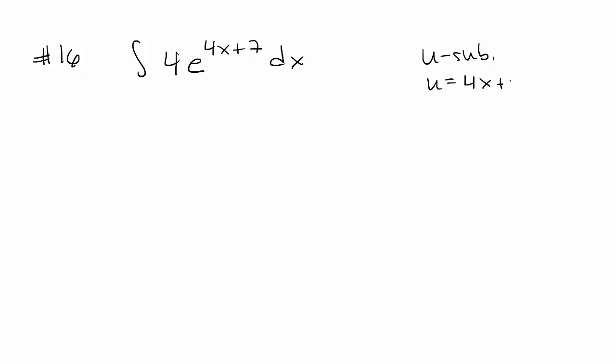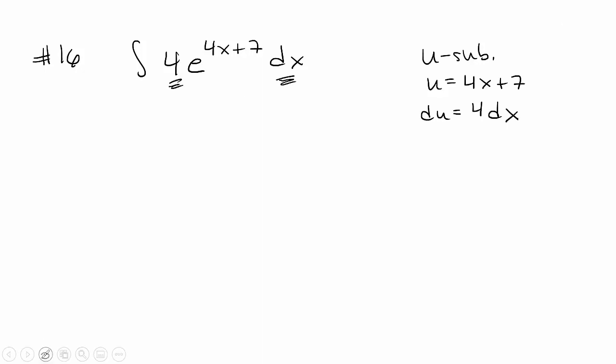All right, so for 16, we have 4 e to the 4x plus 7 dx. I'm going to use substitution for this one. So we're going to let u be equal to the exponent, the 4x plus 7, and then du is going to be equal to 4 dx. So there's the 4, there's the dx.